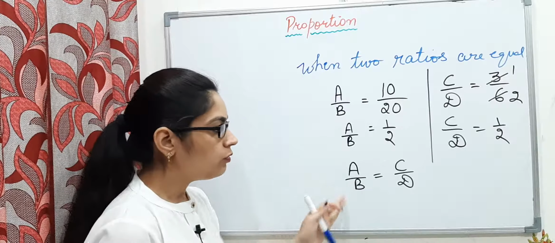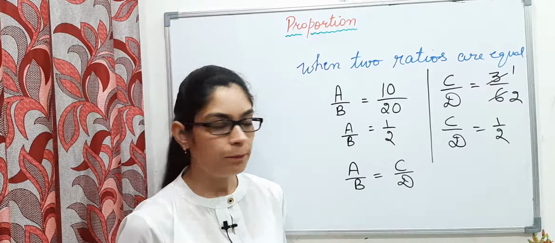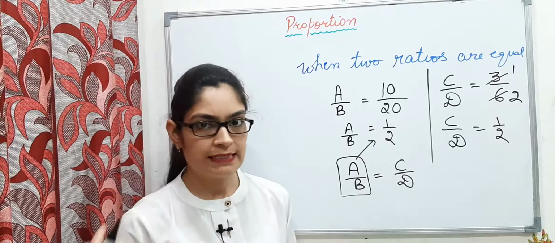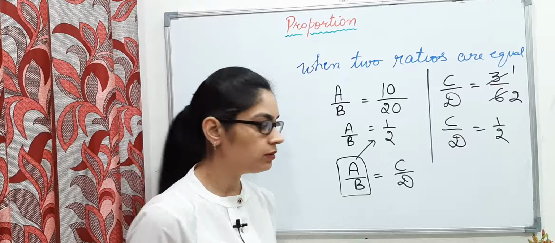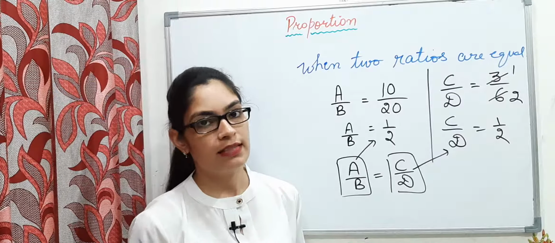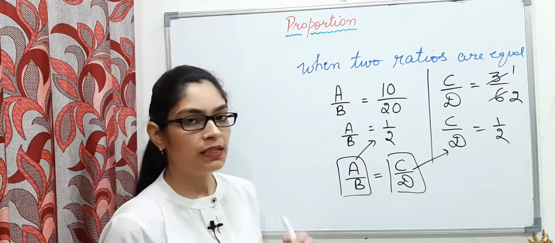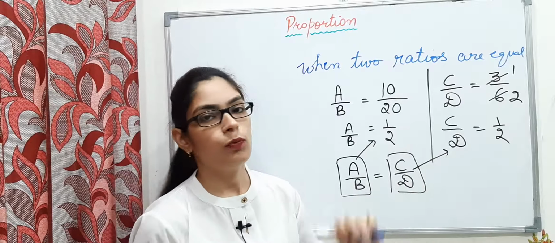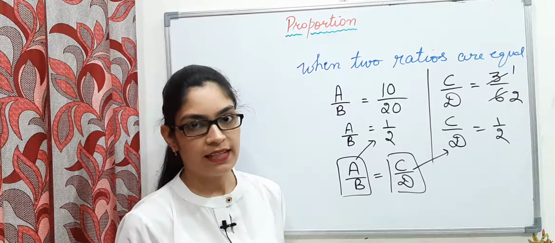So in proportion, four quantities can be there. The first two should be of the same kind and same units. These two should also be of the same kind and same unit. See, A and B were marks. C and D were weights, kg was the unit.